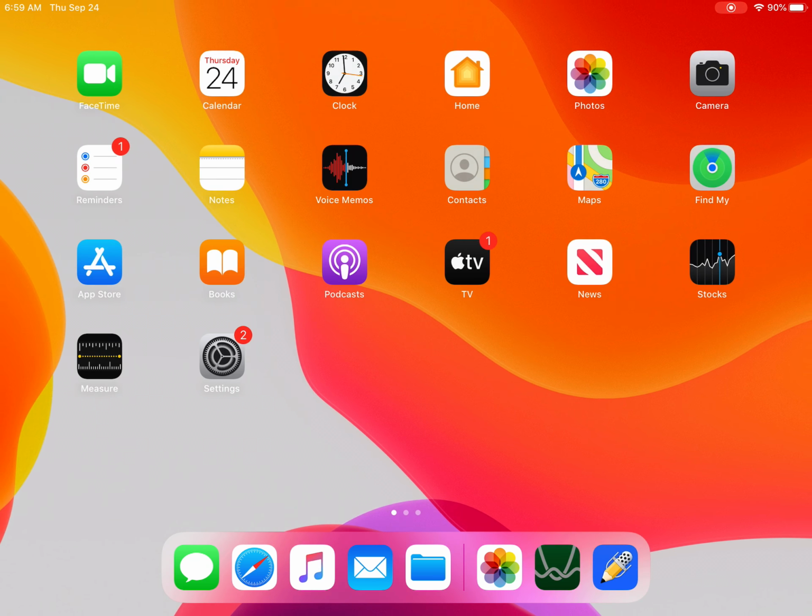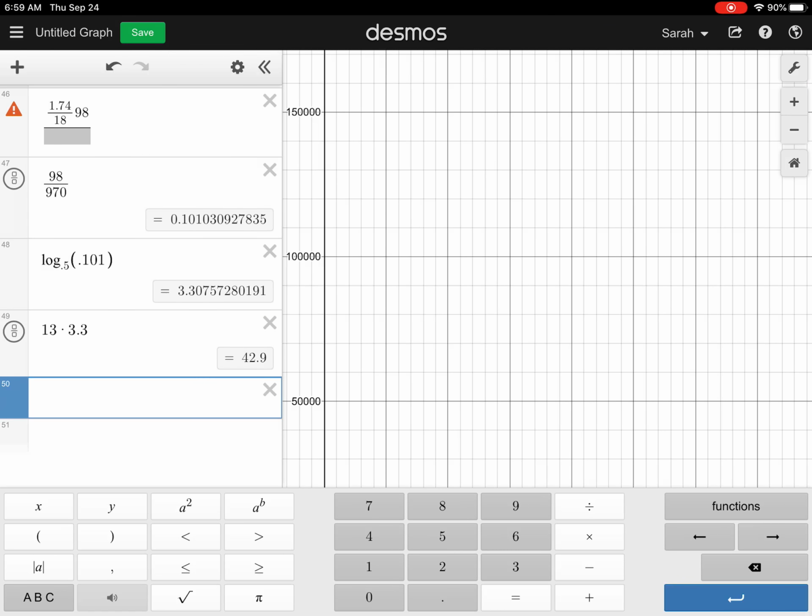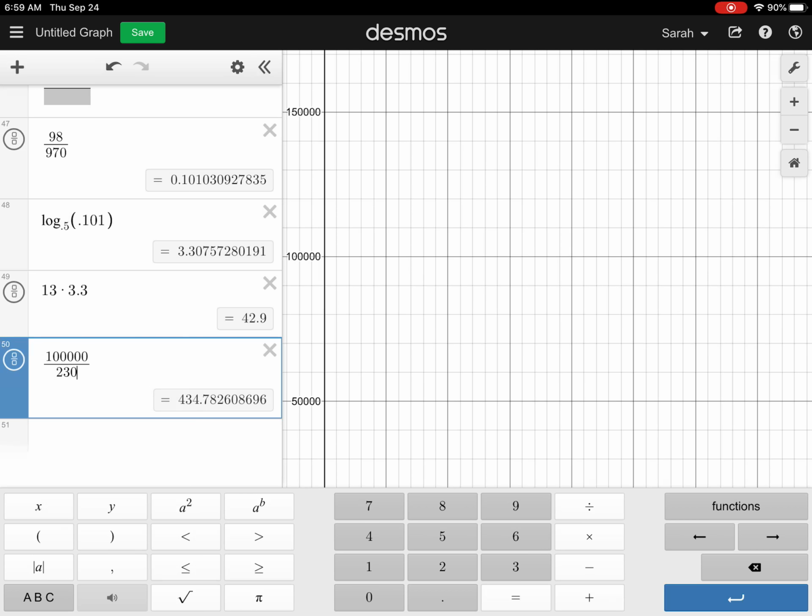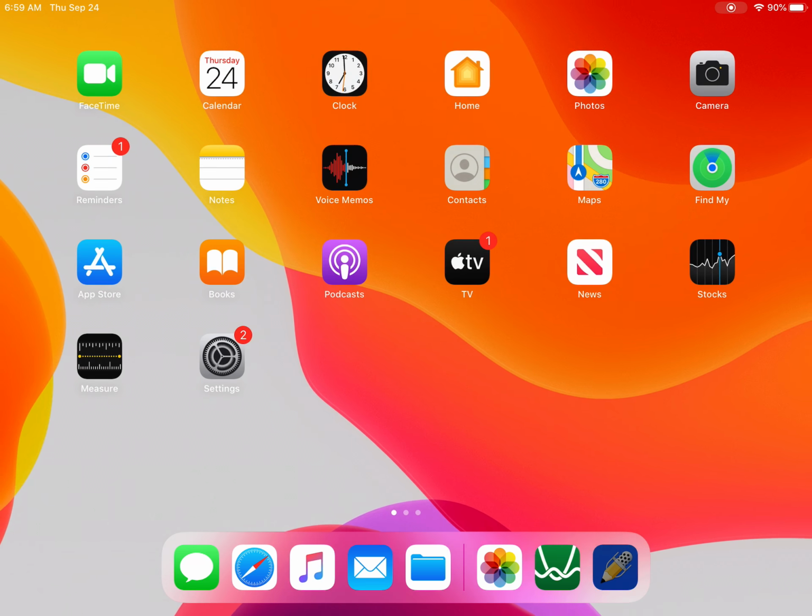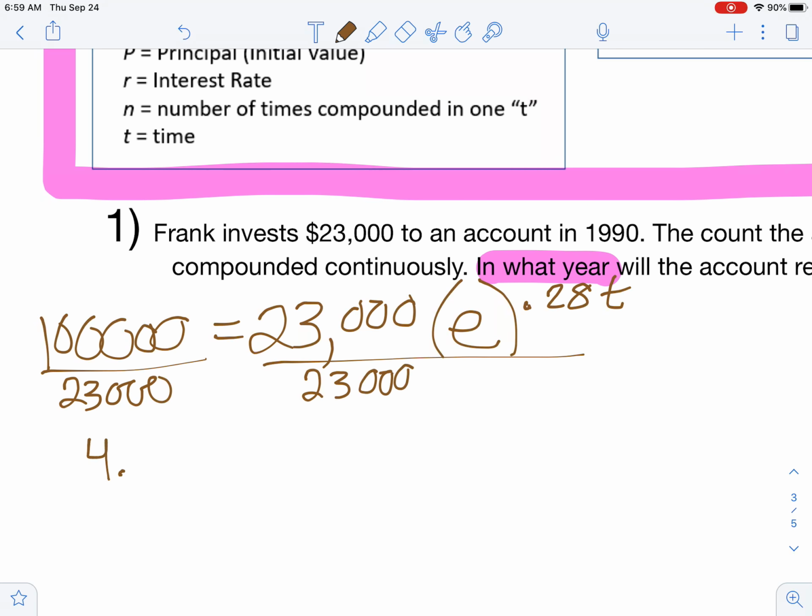So 100,000 divided by 23,000 is 4.3. Let's just go with 4.35. And that equals e to the 0.028 times t.